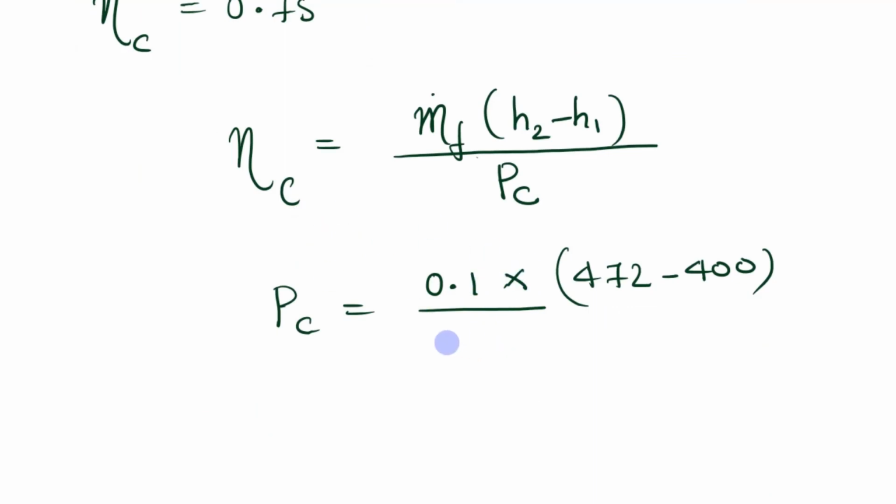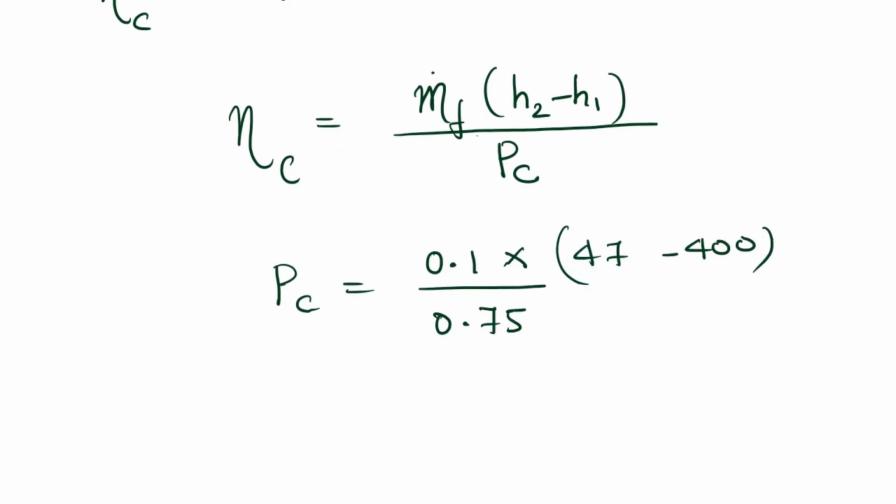The isentropic efficiency given is 0.75. So from here we can get the compressor power, which should be equal to 10 kilowatt.